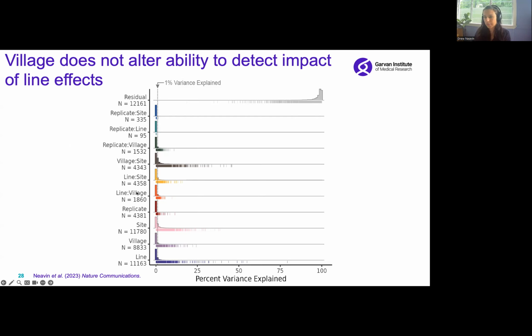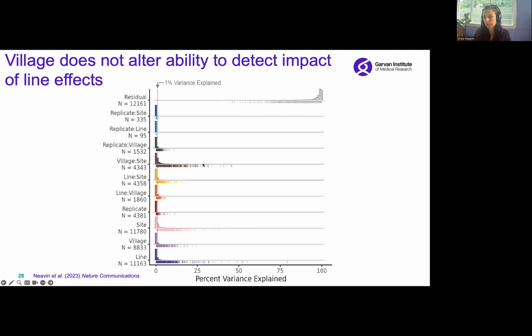You can see that our line by village effects are really on par with our replicate effects, indicating that an interaction between the line and the village is not impacting our ability to detect a line effect. And so this was really reassuring to us that villages could potentially be used to study population genetics without it having a large impact on our ability to detect these kinds of eQTL effects.